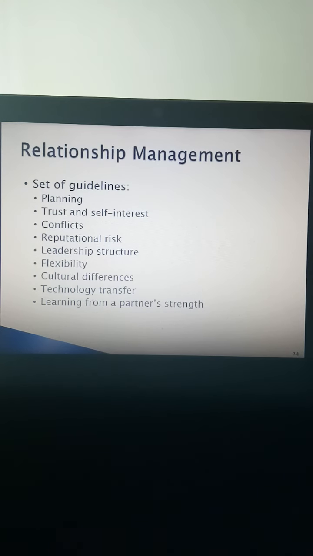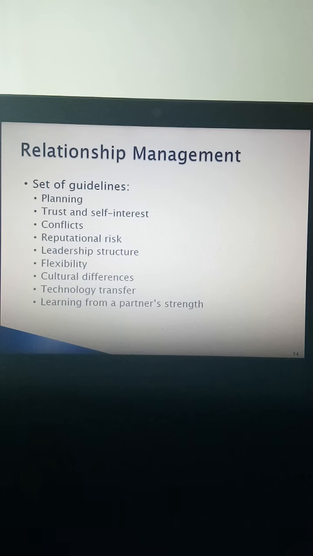Okay, this is the text that we refer to. It gives us guidelines on strategic relationships. We know that collaborative relationships are increasingly necessary. It is necessary, however, the available concepts and methods in managing these partnerships are limited.